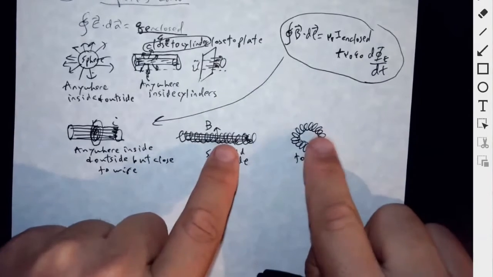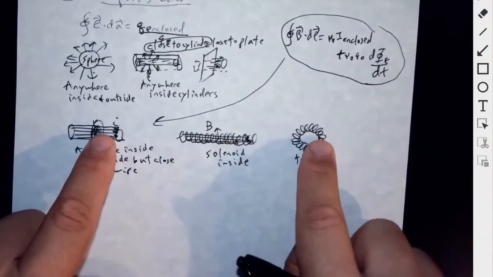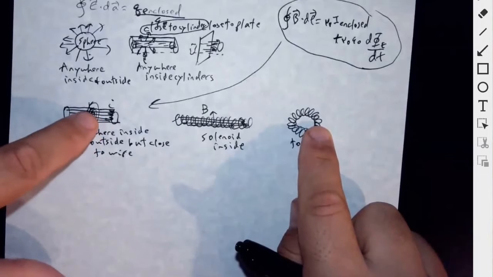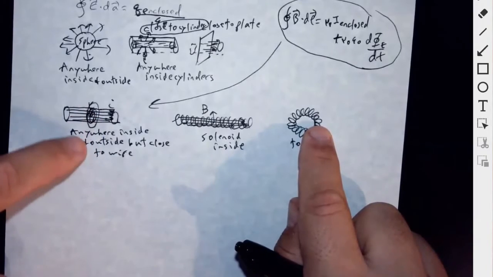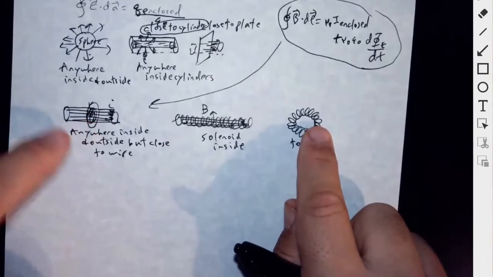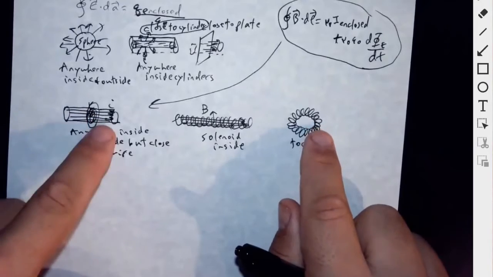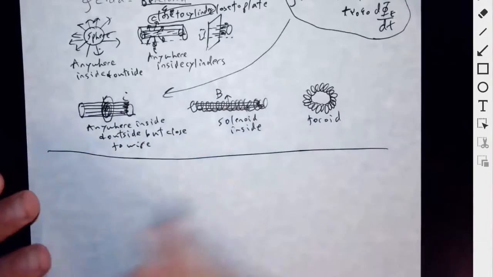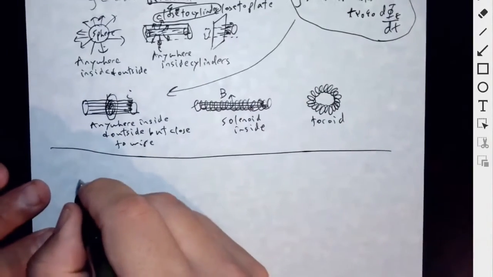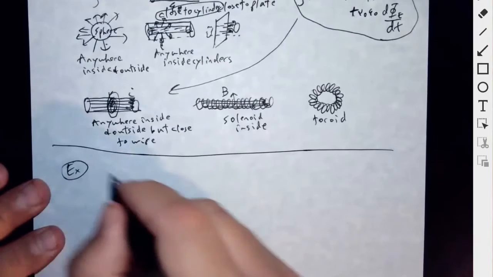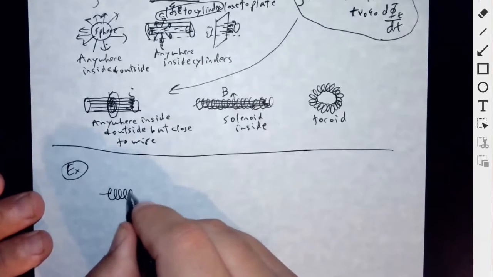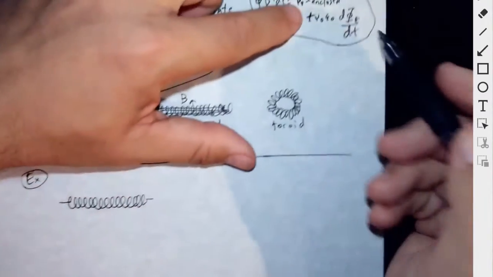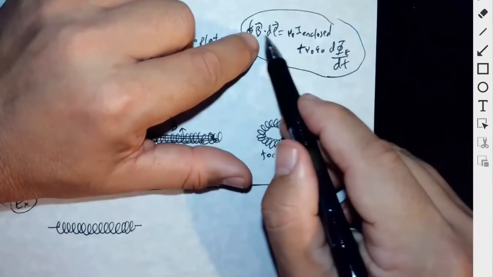So we could do these two first, because this one probably takes more time to do the outside and then the inside. And then the inside depends if it's a uniform current density, non-uniform current density. So we have more cases of this to do. So these two can go quicker. So let's do the solenoid. So you just go like this. And the idea of Ampere's law is to decide on a loop.